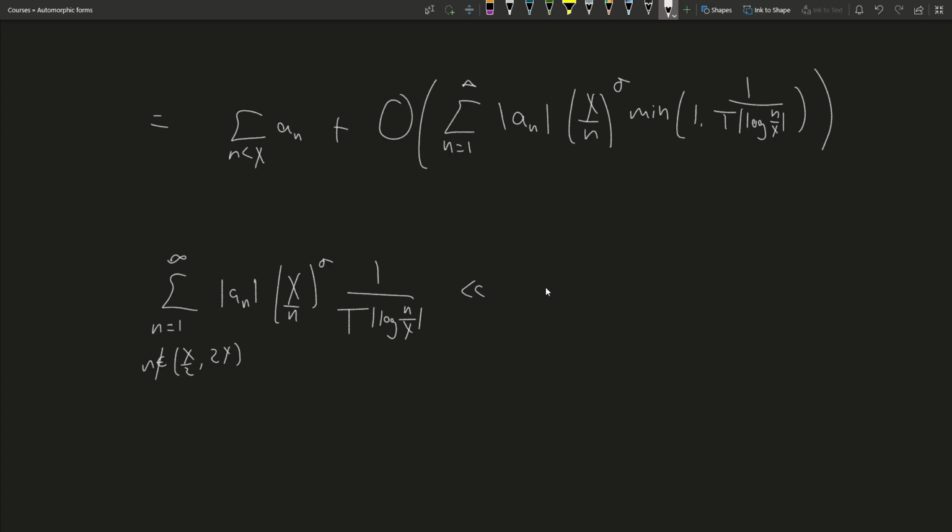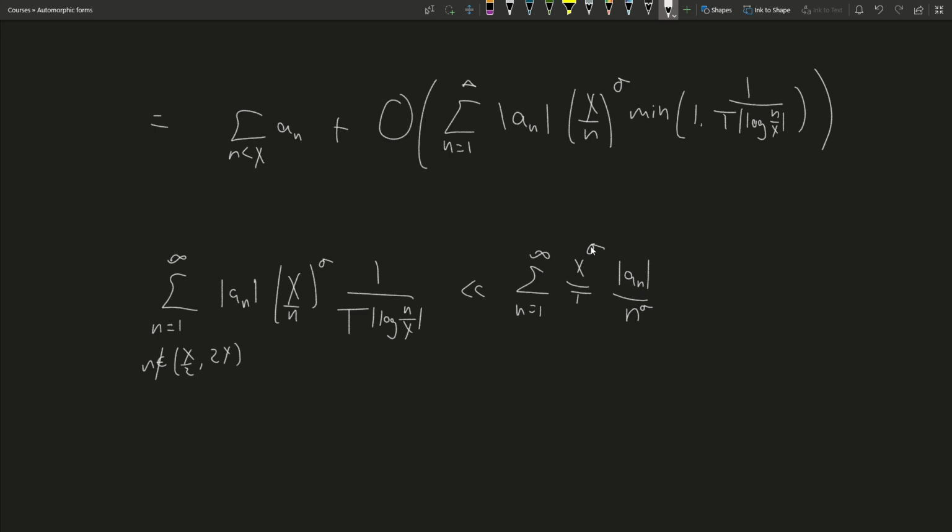And what we end up getting, we can write it this way. Here I'm just going to sum over all n, but I'm going to say that this term is at least a constant, log 2, and then I'm going to omit it. So we get an x to the sigma over t, and then here we have an a sub n over n to the sigma.